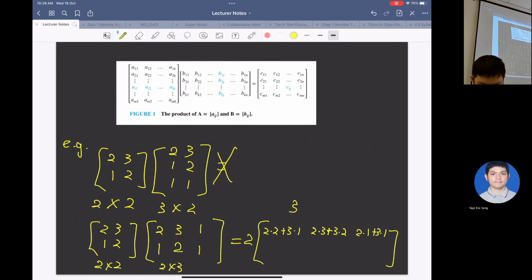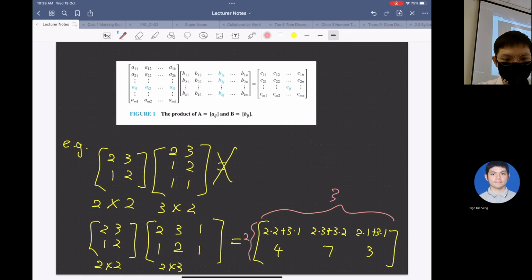The last row I don't want to write out, I just compute: 1 times 2 plus, this one is 4, this one is 3 plus 4, 7, and 1 plus 2, 3. I should write that this result is of size 2 by 3, as an example so that you know what I'm doing in the figure.